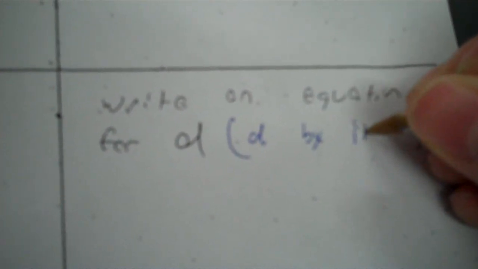Okay, write a literal equation for d. That means we have to get d by itself. So d's over here. It's got a times c, a times d. Okay, so it's all multiplication. So I get rid of the multiplication through division.